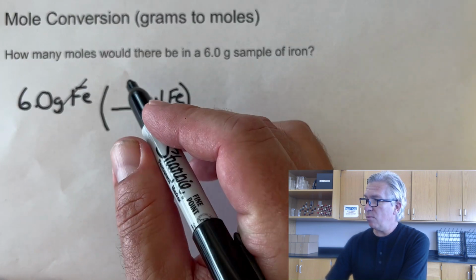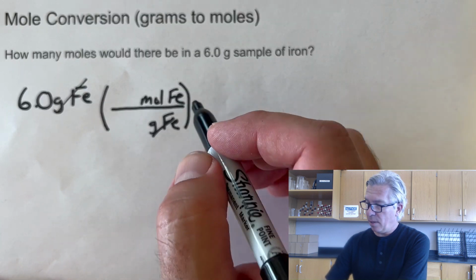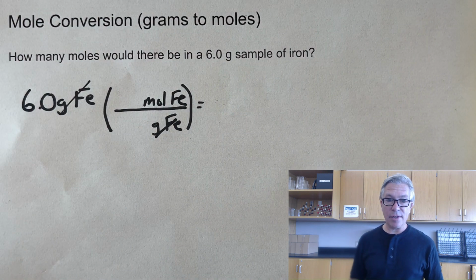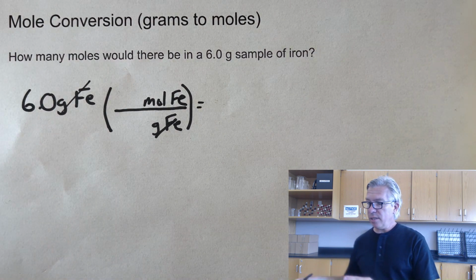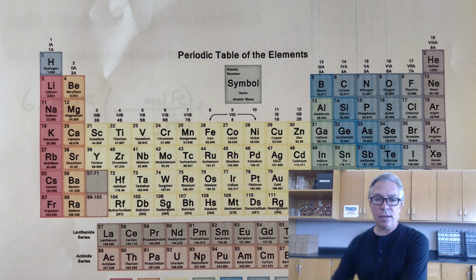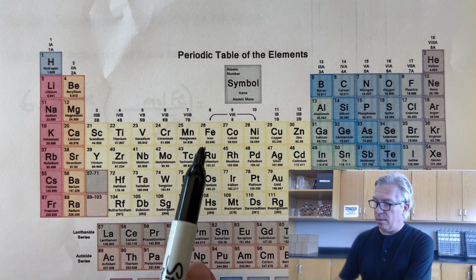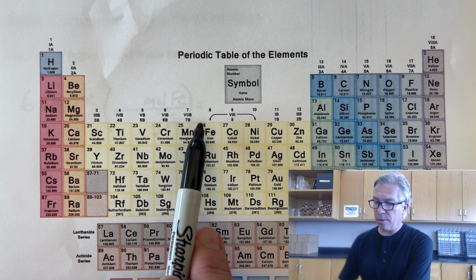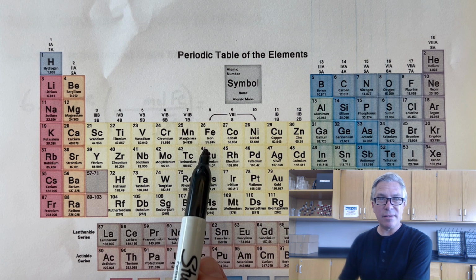And so then what numbers actually go here? Well, all of the illustrious scientists who have gone before us have figured this stuff out. All you need to do is go to your periodic table. On your periodic table there's the chemical symbol for the element, there's the atomic number, but then usually right underneath the chemical symbol is this number.